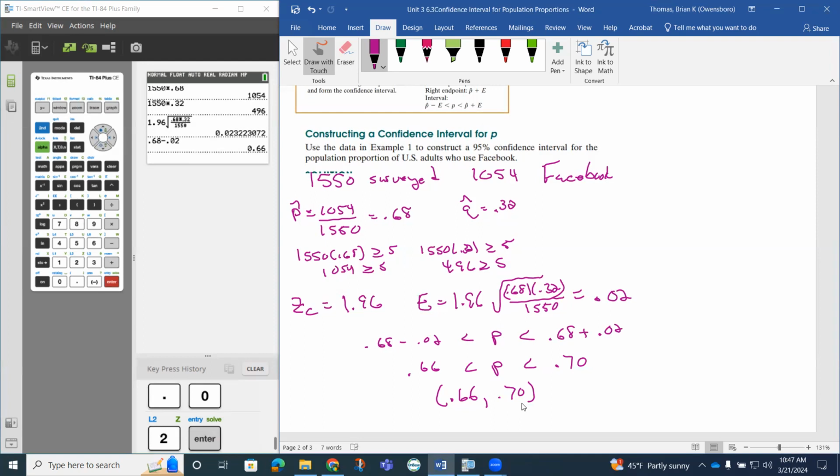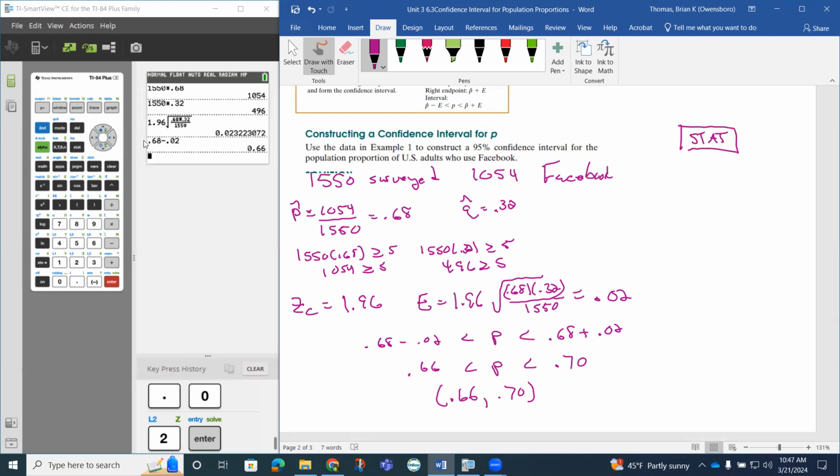Now, since they're just asking us to do the confidence interval, there is a shortcut using your calculator that allows us to bypass all this math. We're going to be using tests. So we're going to use the stat button on your calculator to start with.